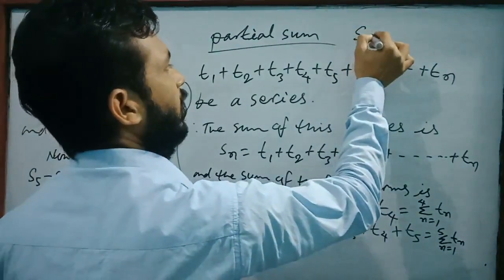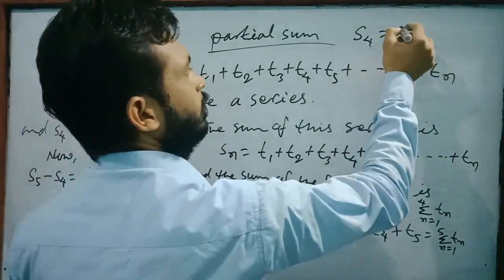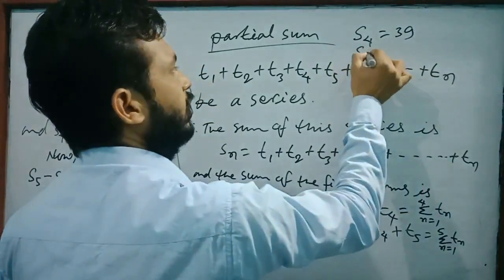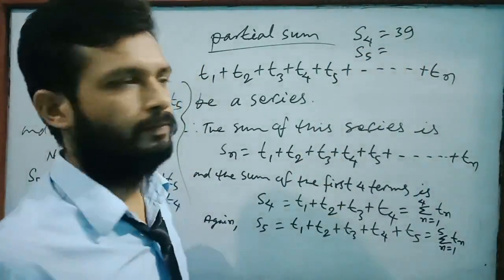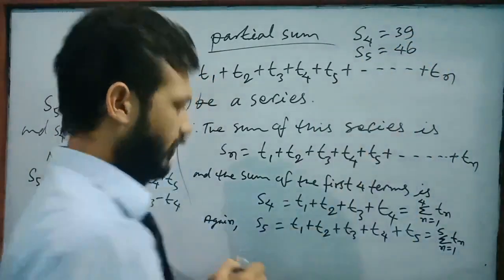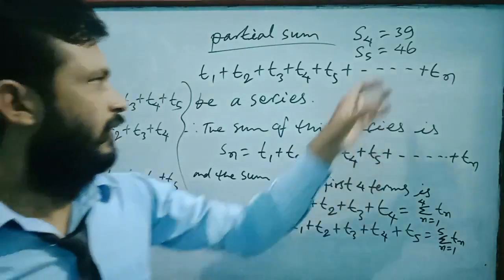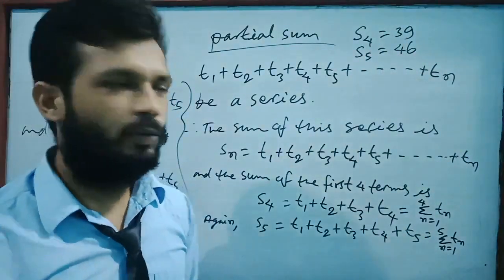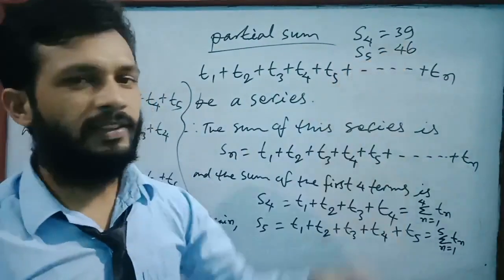Suppose you have S4 is 39. Understood? And S5 is 46. This month you have S4 39 and S5 46. Then we can write what?